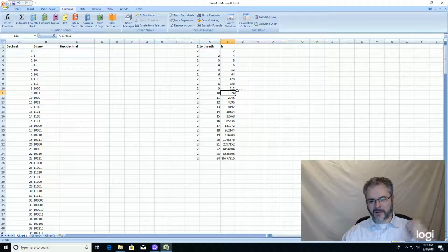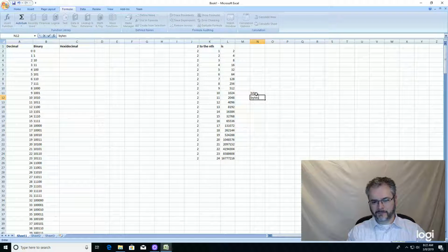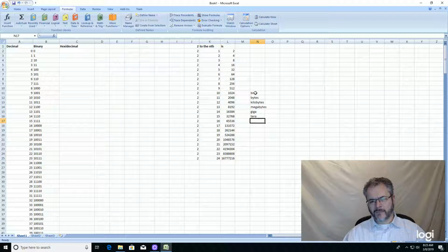And if you have 1,024 kilobytes, you have a megabyte. So we have bits, bytes, kilobytes, megabytes, giga, tera, right?